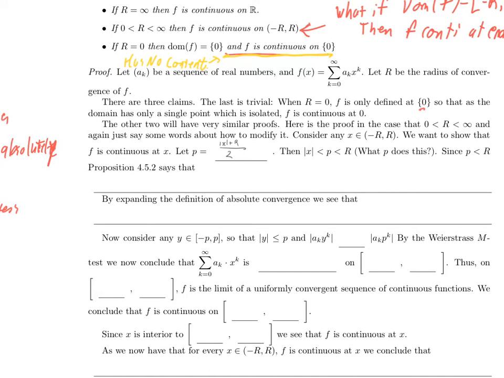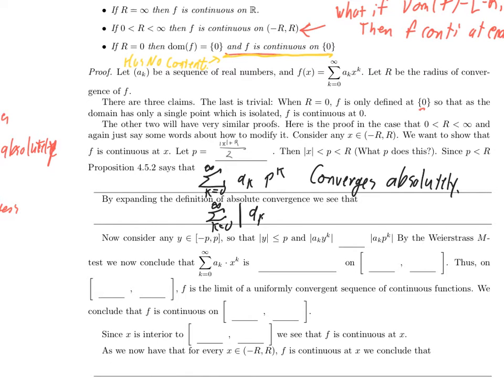Since p is less than r, I can appeal to Proposition 4.5.2 to conclude that the sum of a_k times p to the k, k equals 0 to infinity, converges absolutely. By expanding the definition of absolute convergence, I see what that means. That means that the sum from k equals 0 to infinity of the absolute value of a_k p to the k converges.